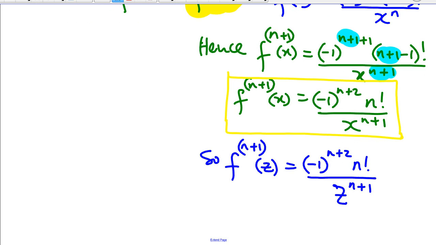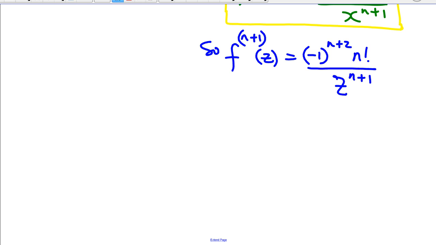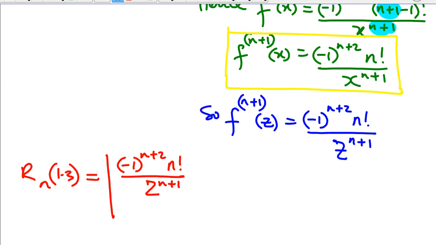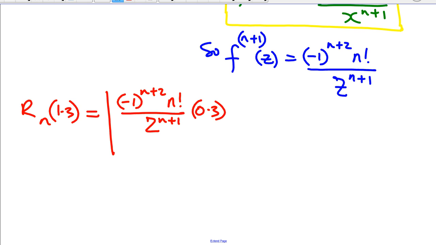So my error term R will now be equal to the absolute value, because remember here we want the magnitude of this error, negative 1 to the power n plus 2, n factorial over z to the power n plus 1, multiplied by, what did we have up here? 0.3 to the power n plus 1, all this over n plus 1 factorial.